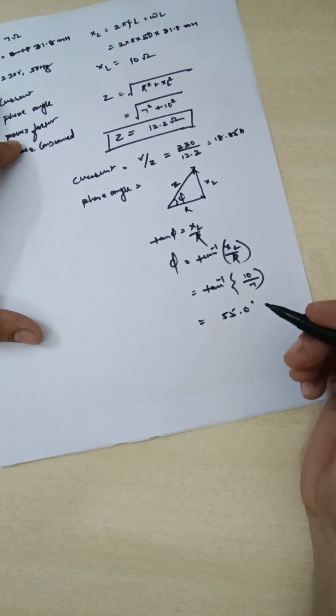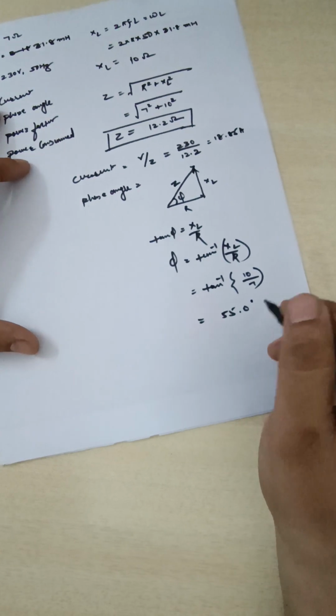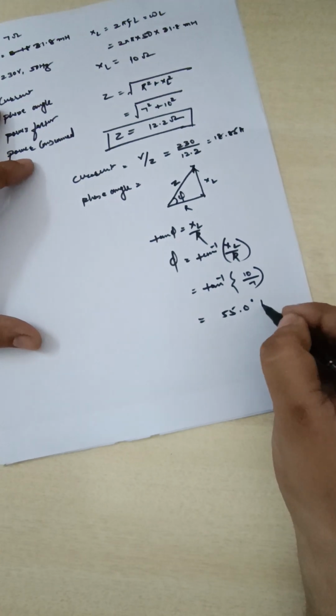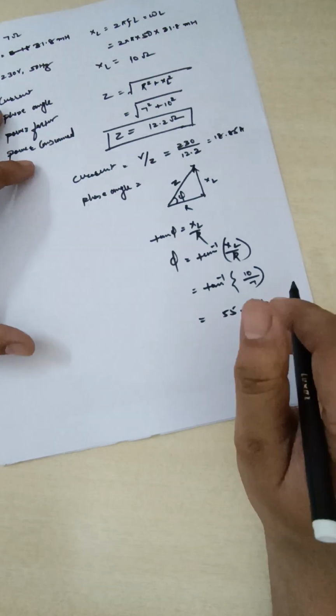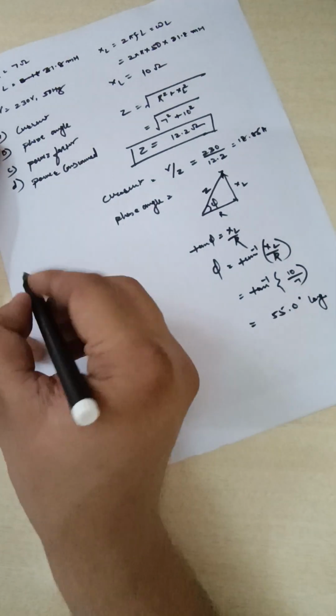It will be lagging or leading? As we have already discussed, in an RL series circuit the angle will be of lagging nature. Current will lag the voltage, so it will be lagging. Now power factor.